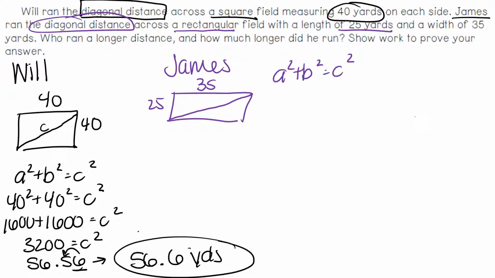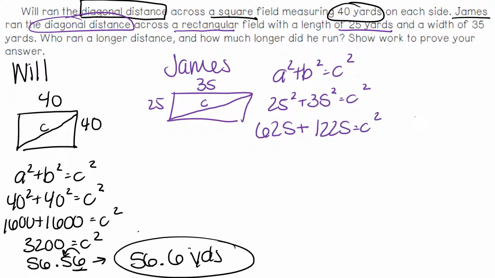We're missing the diagonal line, which is letter C, the hypotenuse. 25 squared is going to give us 625. 35 squared is going to give us 1225. Add those together, and we get 1850.